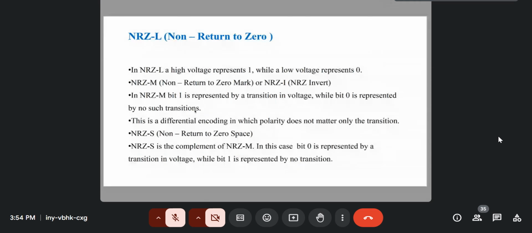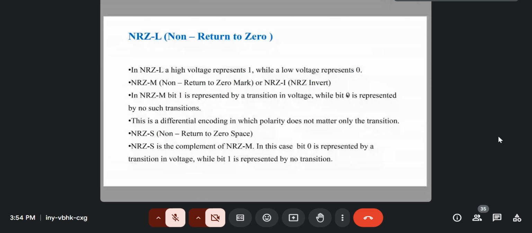Here you transition wherever you are. That's why we call this a differential encoding. Polarity doesn't matter, only the transition. It doesn't matter where you are transiting from. Whenever you transit, we know you are transmitting a 1.